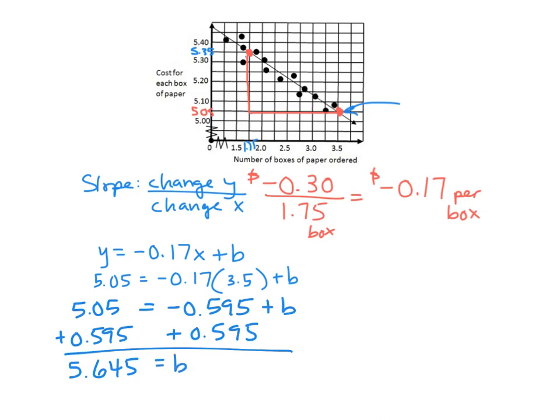Now it's money, so we could round it to the hundredths place and have it be 5.65. And then writing our equation, we would say y equals negative 0.17x plus 5.65. So it looks like a box costs $5.65, and it goes down 17 cents for every box that I order.